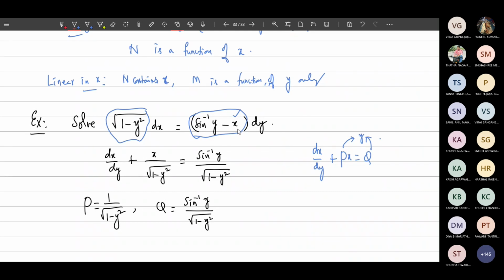Okay, so now understood. Yes, and dx by dy you have to compute in that case.